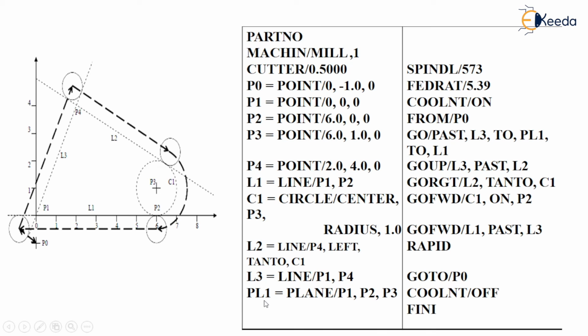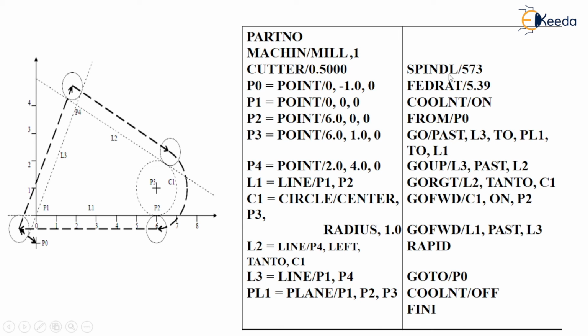So it is defined by P4 and P1 directly. Then next, the plane PL1. So PL1 will be plane slash P1, P2, P3. We need to define the plane with 3 points, P1, P2, P3, minimum 3 points.